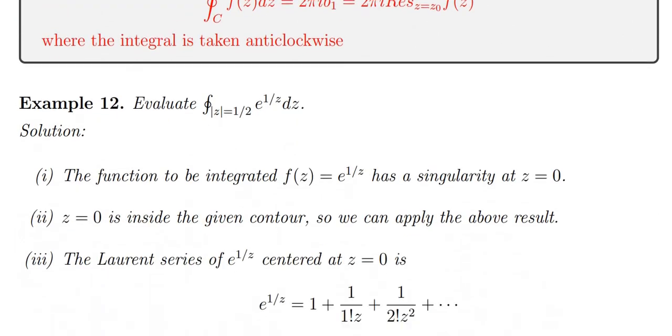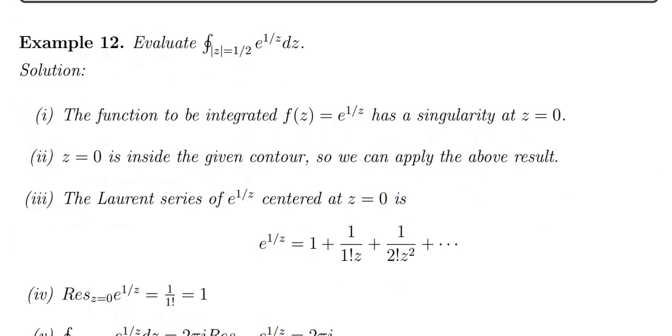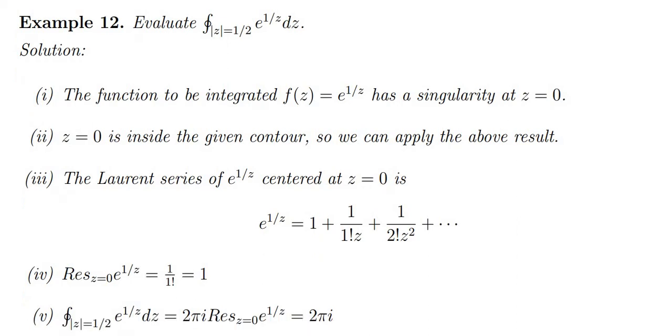For example, evaluate integral over mod z equal to 1 by 2 of e raised to 1 by z dz. The function which we are integrating, e raised to 1 by z, has a singularity at z equal to 0. z equal to 0 is inside mod z equal to 1 by 2, so we can apply the above result.